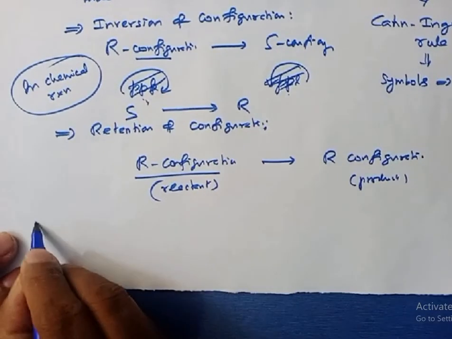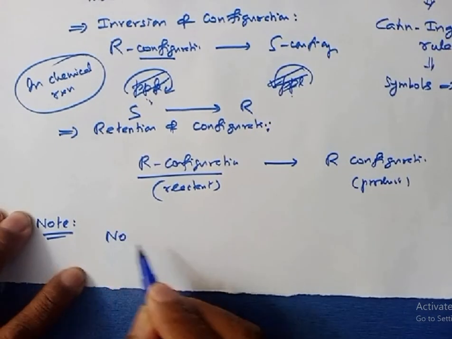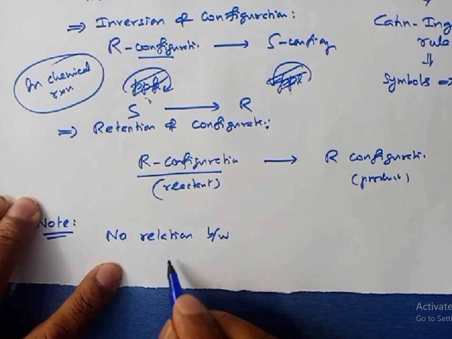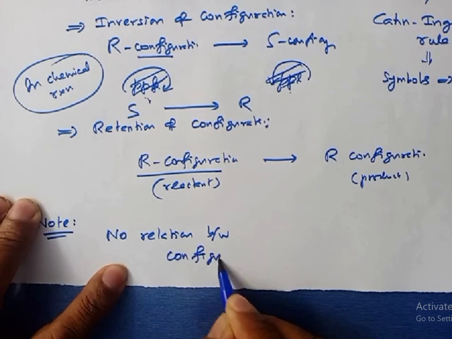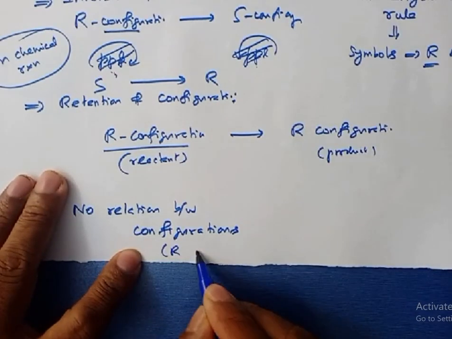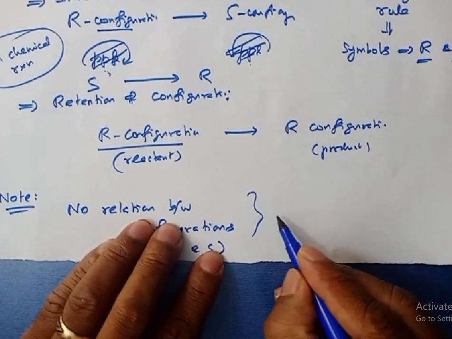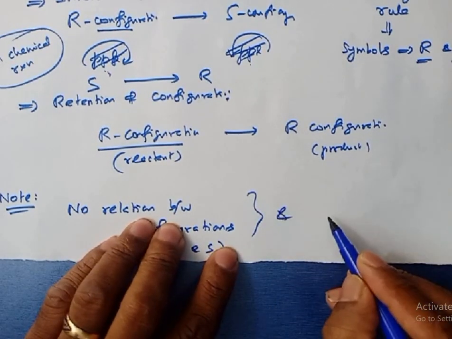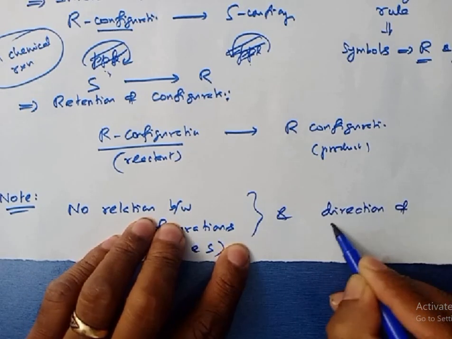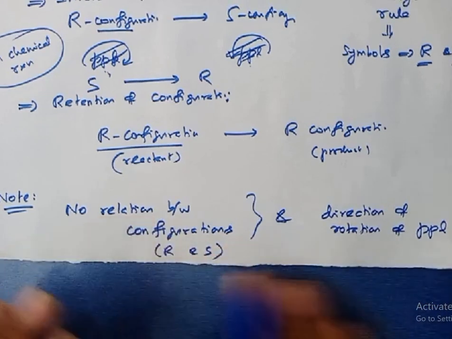Last point, very, very important, students. There is no relation between configurations, that is R configuration and S configuration, and the direction of rotation of plane polarized light. There is no connection.